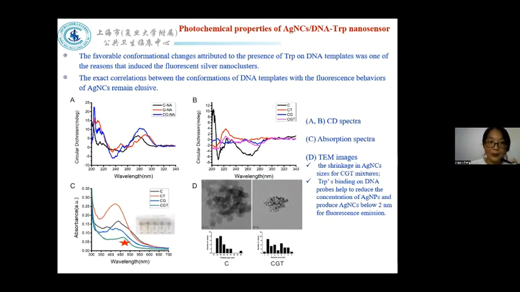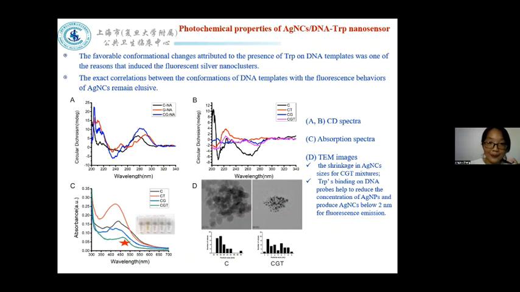What's more, we want to uncover the conformational changes. As you know, the effect of conformational changes on the fluorescence of our nanosystem is characterized by circular dichroism spectra. From the CD spectra, we can see that tryptophan makes the system respond with CD signals.